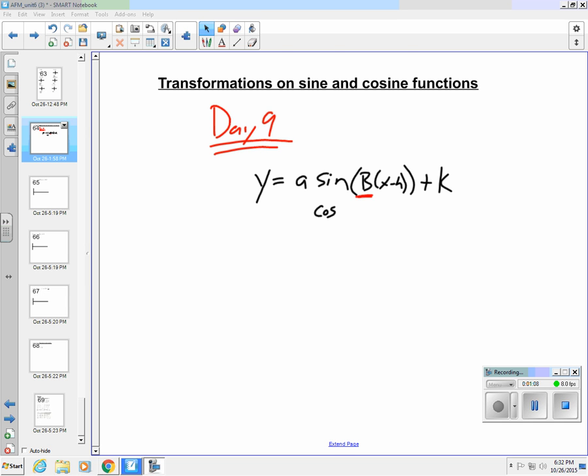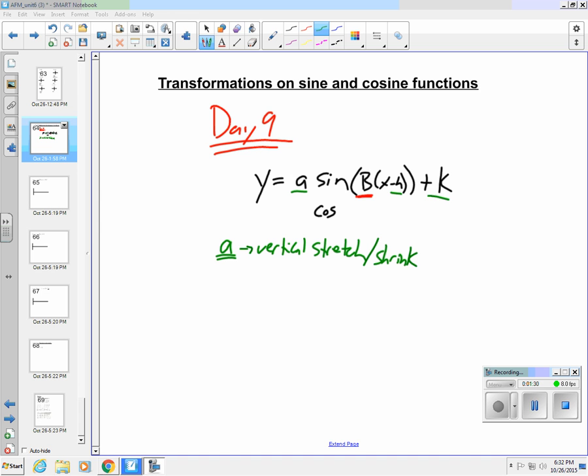So all the other pieces of the transformation, a, h, and k, are the same as we've been working with before. So a will be the vertical stretch, or vertical shrink if it's a proper fraction or decimal.